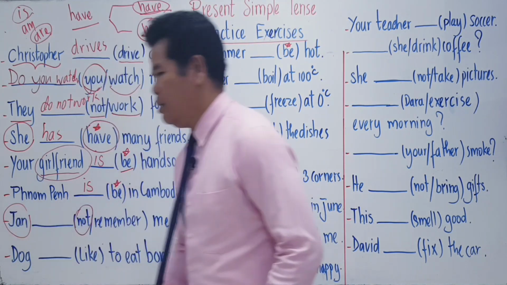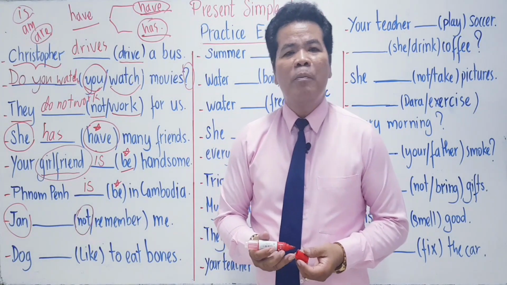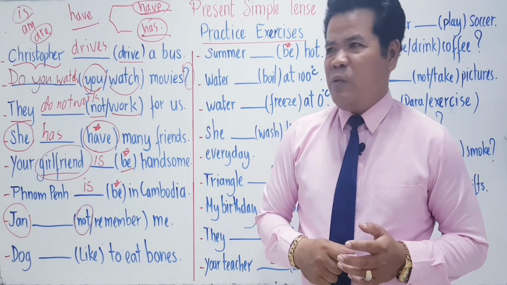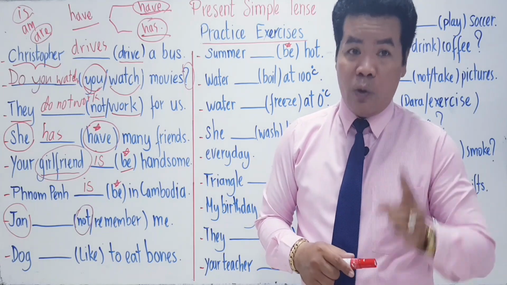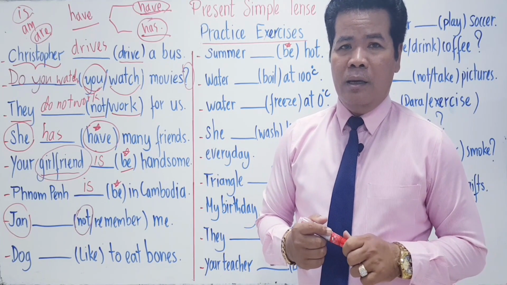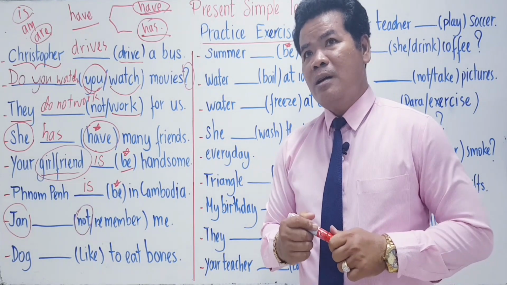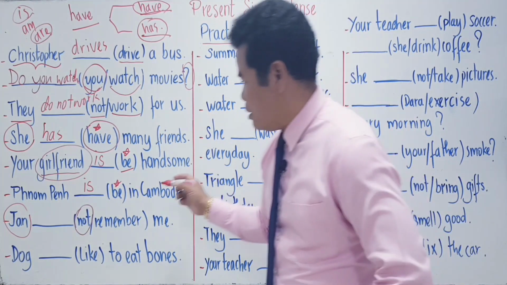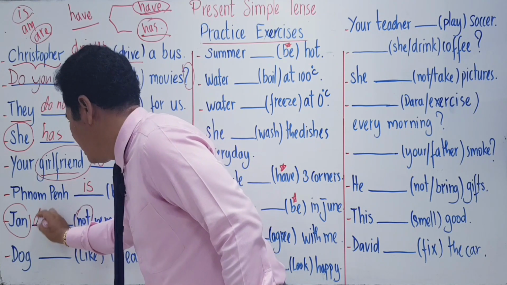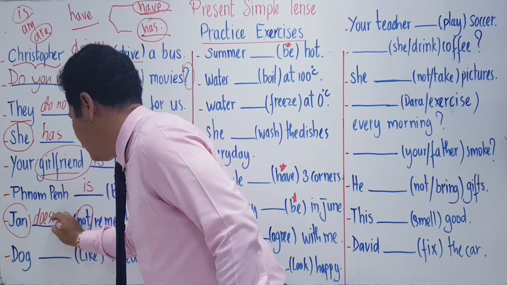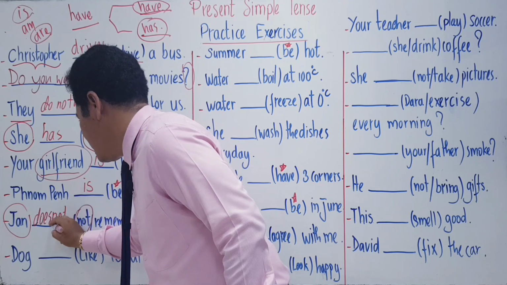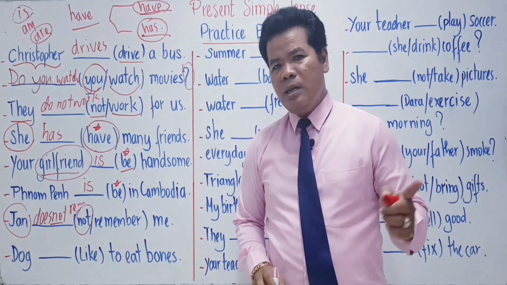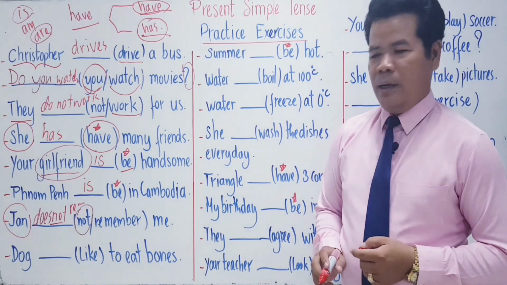So Jane here. Jane is the name of a person. How many people? Just only one person. Even if he or she, we don't care. Just only one person. So what do you use? Do you use do not or does not? Right, you use does not. Jane does not or doesn't remember me. Okay? Jane does not remember me.